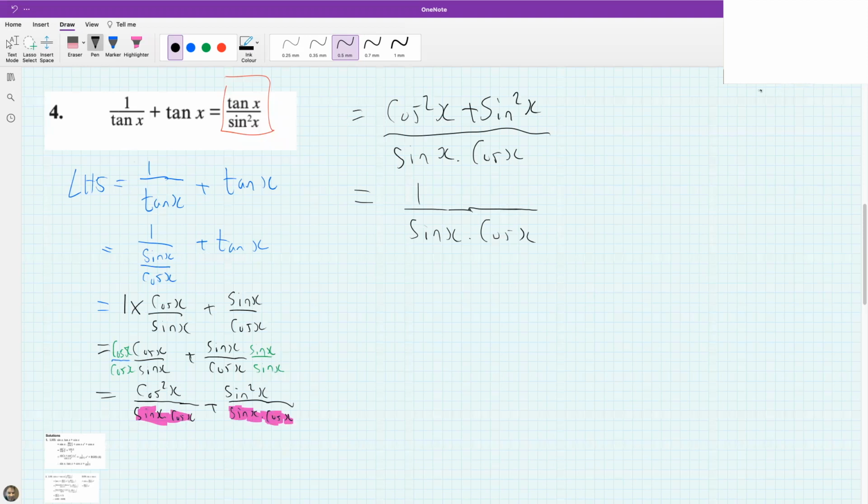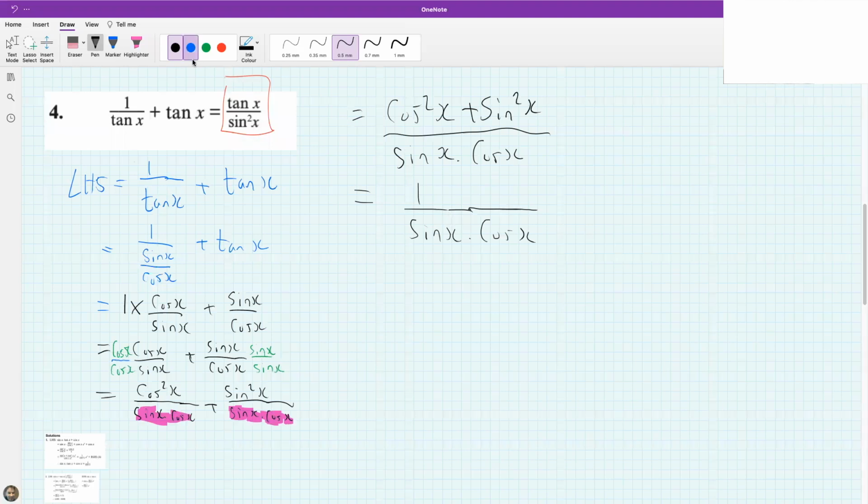But is that the same as the right-hand side? Yes or no? No, it's not. So sometimes when this happens, it doesn't feel like I can do too much more on the left-hand side.